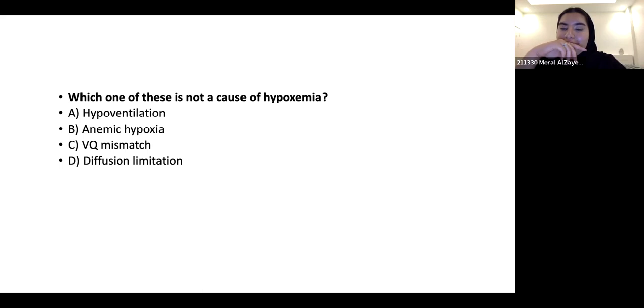Like 3 of them are written here, so you guys just need to recall 2 to be honest. Perfect. Okay, so we have VQ mismatch, hypoventilation, diffusion limitation, low inspired partial pressure of oxygen, and right to left shunt. Perfect.